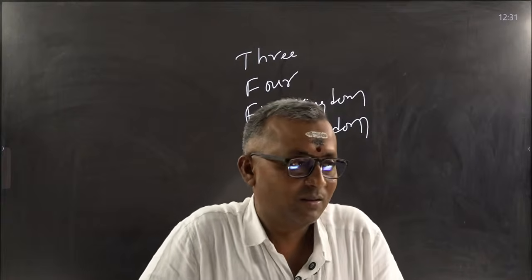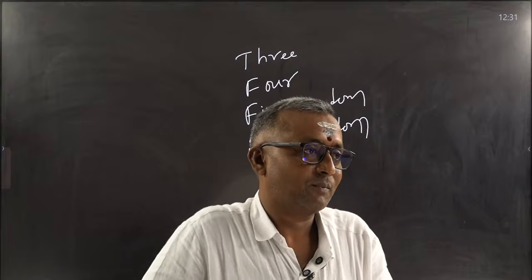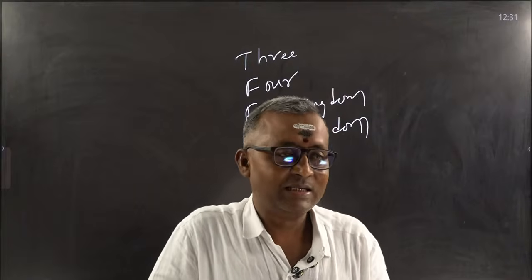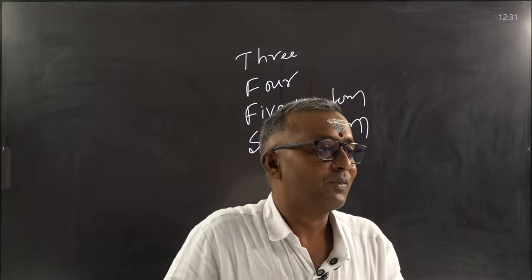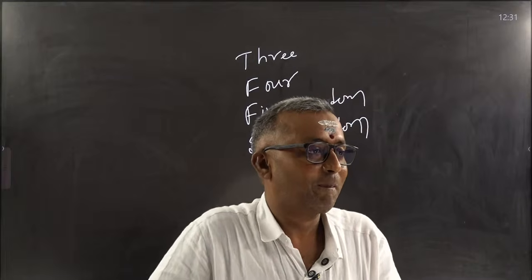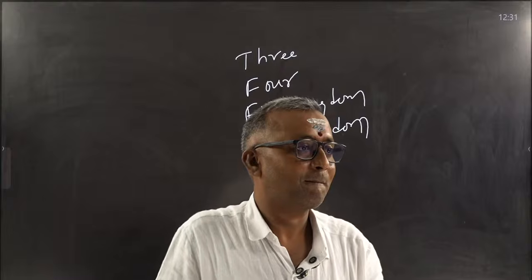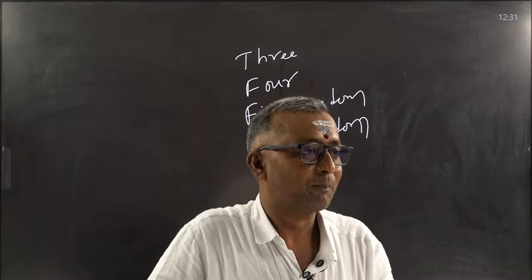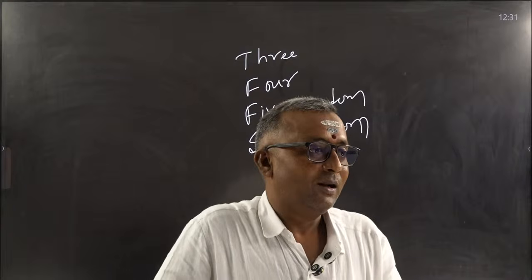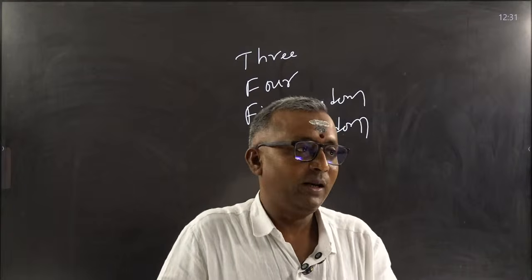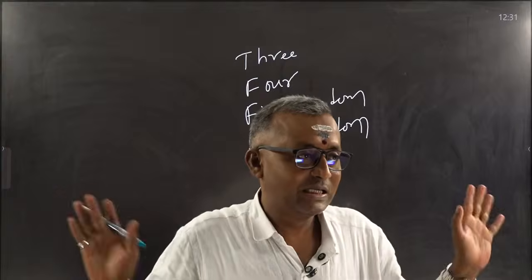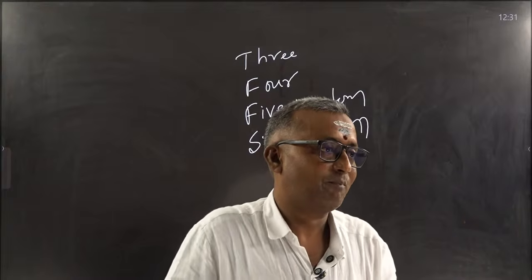What is the main reason that Linnaeus classification is not adequate? Let me see how many of you can give the correct answer. Why was the Linnaeus system found to be not adequate to classify living organisms?